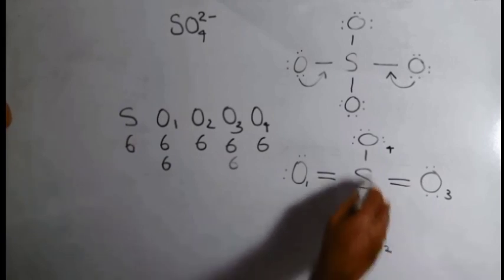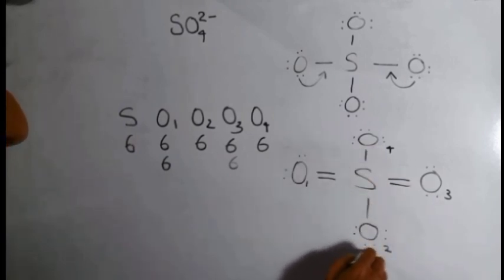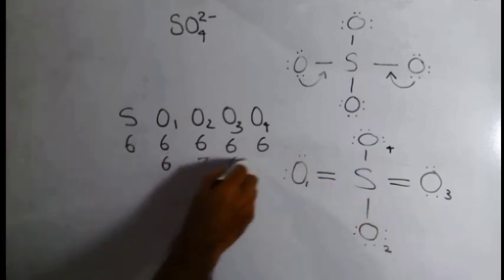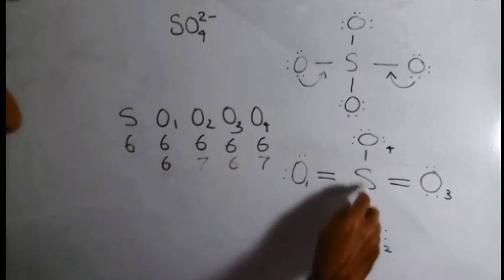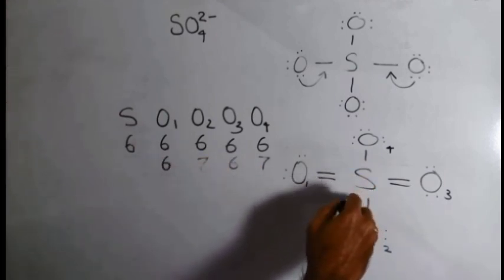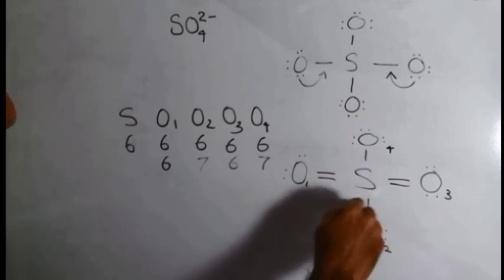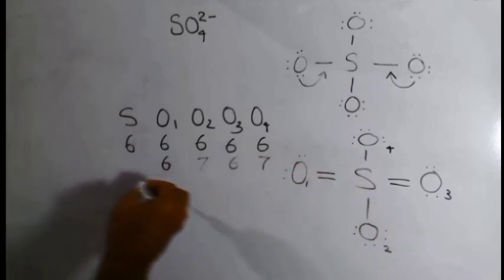When you come to this one and this one, they have 6 lone pair electrons, and we have to take 1 electron from here. When we come to the sulfur atom, it has altogether 12 electrons in the valence shell, but we take half, that means 6.